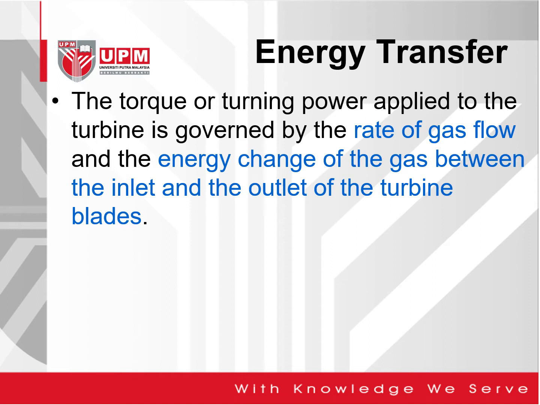The torque, or turning power applied to the turbine, is governed by the rate of gas flow and the energy change of the gas between the inlet and the outlet of the turbine blades. So the torque, or turning power, is governed by these two aspects.